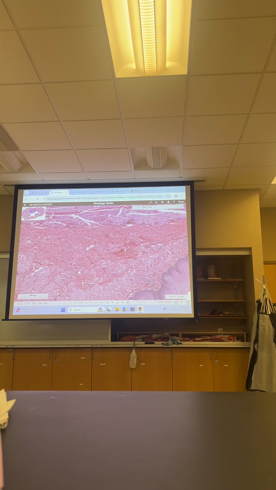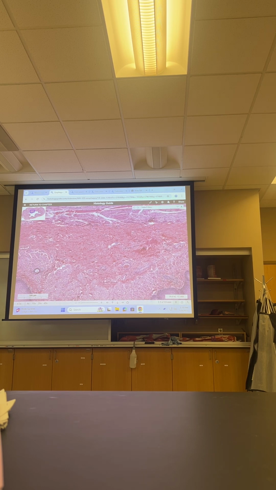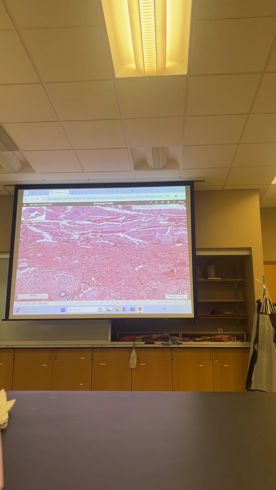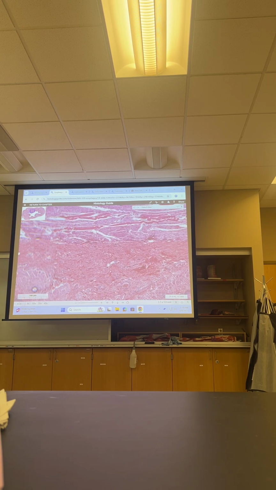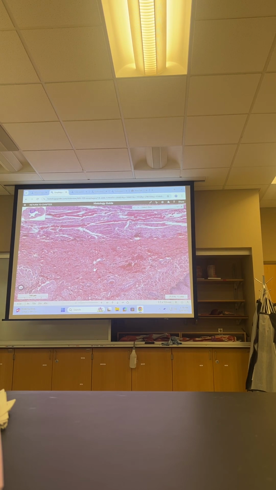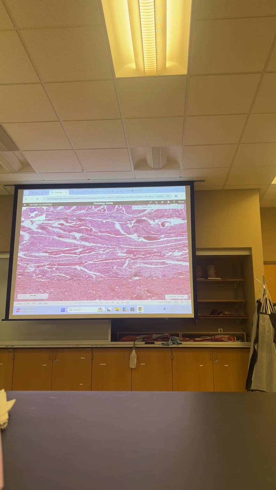Within this layer, you'll find blood vessels, and you can find some glands within it. And that's known as the submucosa. So that runs from the bottom of the muscularis mucosa all the way to the next layer of muscle. Also smooth muscle. This is known as the muscularis externa.